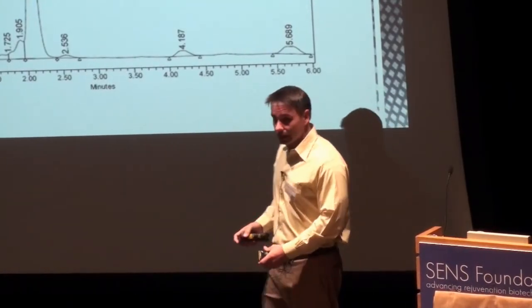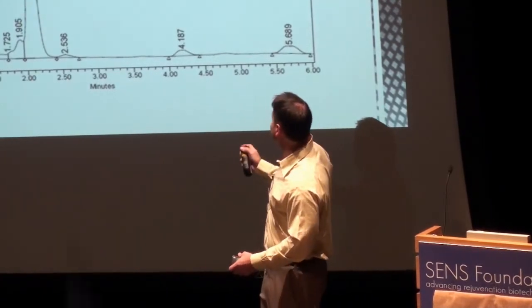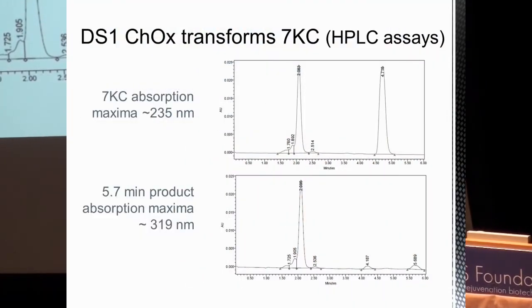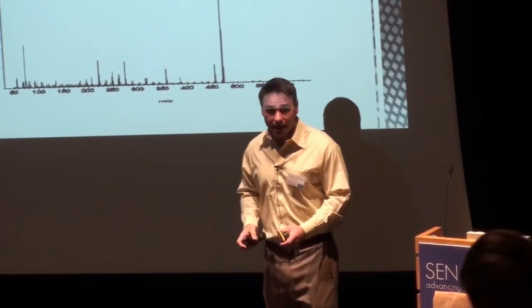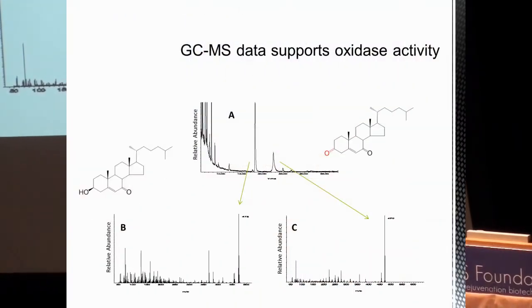We did HPLC assays, and we saw complete degradation. This is the 7-keto-cholesterol peak, and we saw complete degradation with the appearance of a couple new peaks. And we performed a GC-MS analysis just to make sure what was going on. This enzyme had been previously characterized against cholesterol. Since it lacked isomerization activity, it was known to result in an autoperoxidation of the molecule.